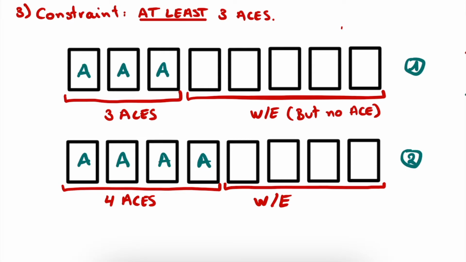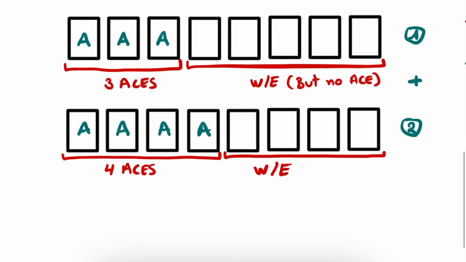But that is not a problem in this case, because we already drew the 4 aces. So it's actually impossible for one of these remaining 4 cards to actually be an ace. And then the total number of combinations in this case, where at least 3 cards are aces, is simply adding the combinations of the first scenario, where we have exactly 3 aces, to the number of combinations of the second scenario, where we have exactly 4 aces.